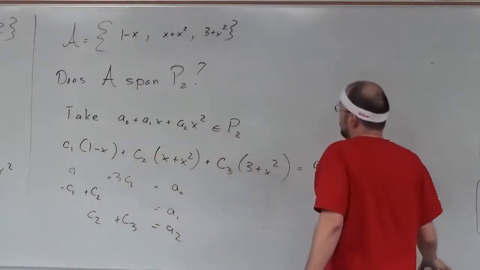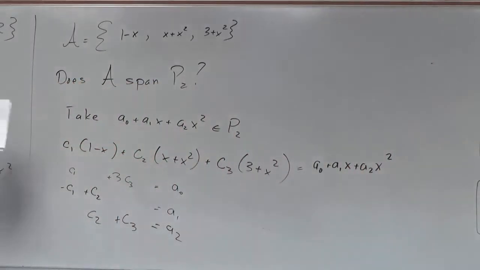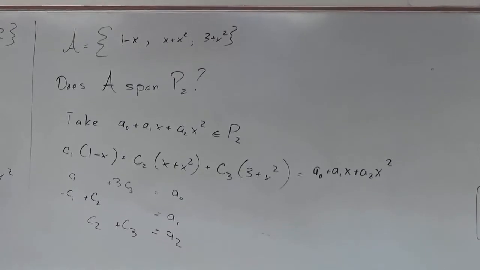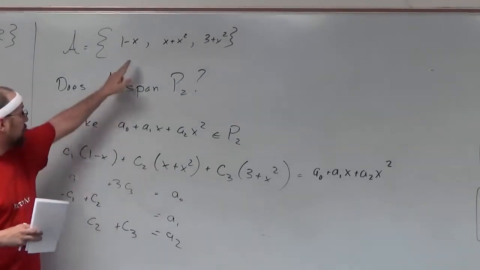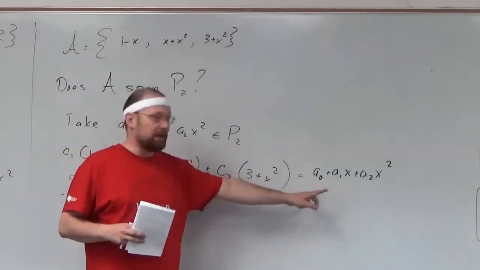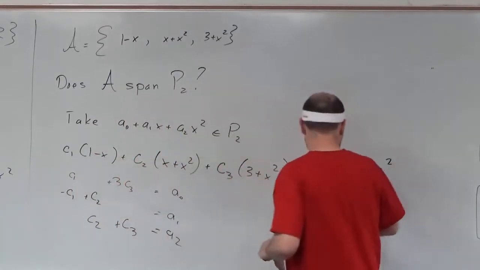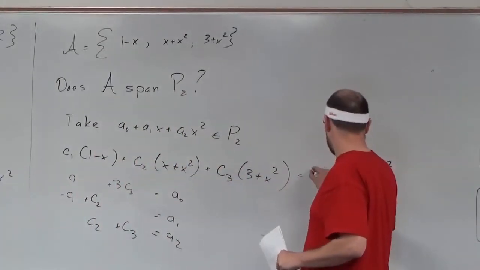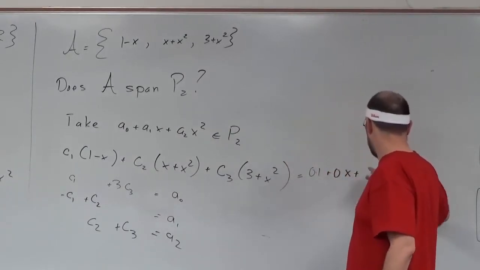Now, what if we ask the question, are these three polynomials linearly independent? What would happen? Well, we would create a combination of the three polynomials, and we would set it equal to the 0 polynomial. That's where the coefficients are all 0, right? So that would be like 0 times 1, 0 times x, 0 times x squared.